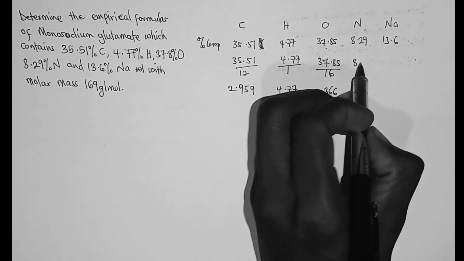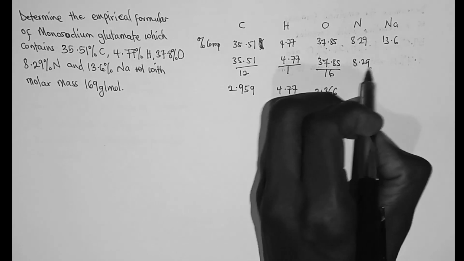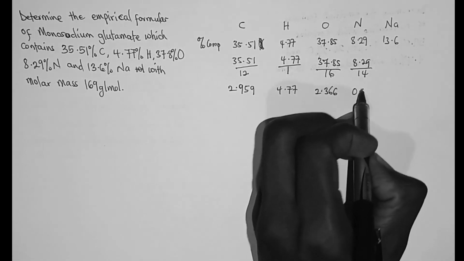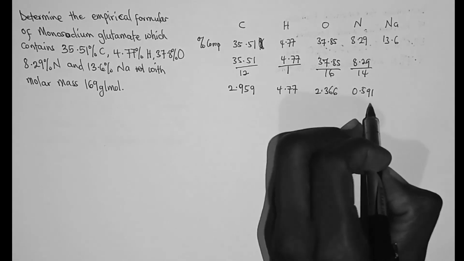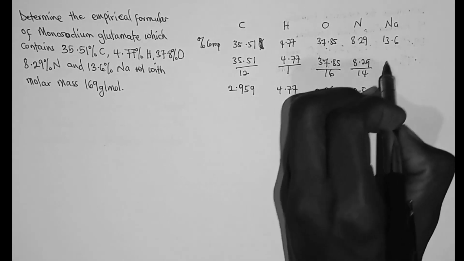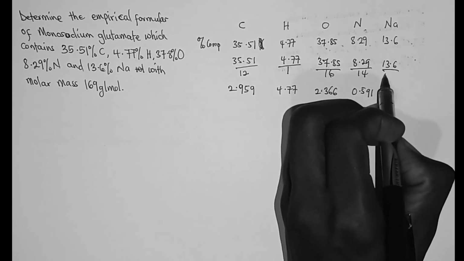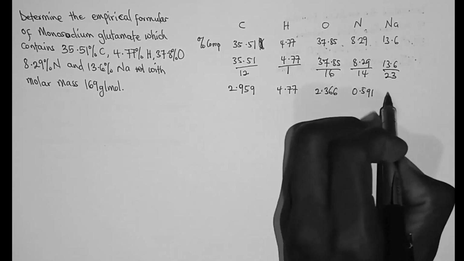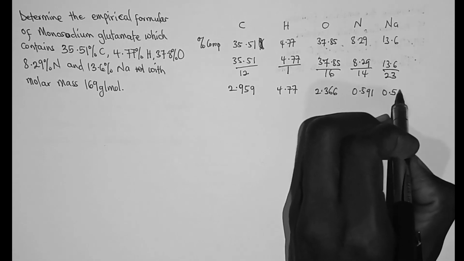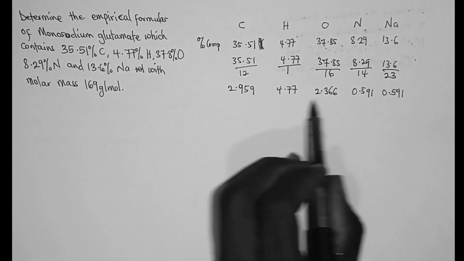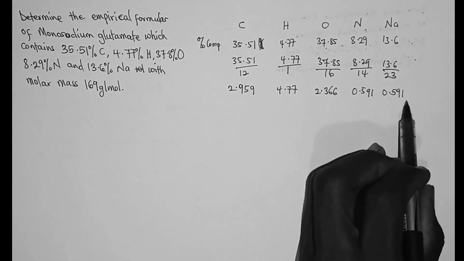And nitrogen is 8.29 divided by 14, and that is 0.591. And also sodium is 13.6 divided by 23, and that will also give 0.591. So we then see that the smallest here is 0.591.